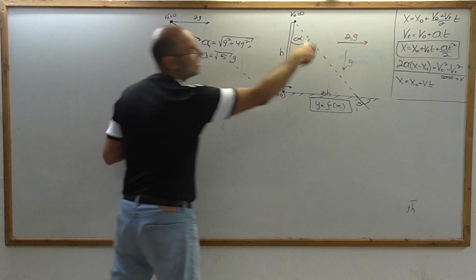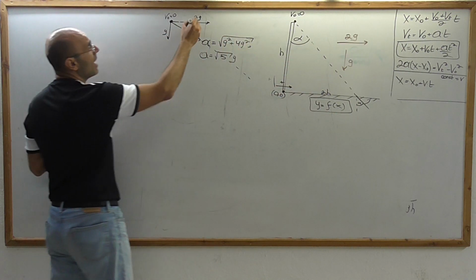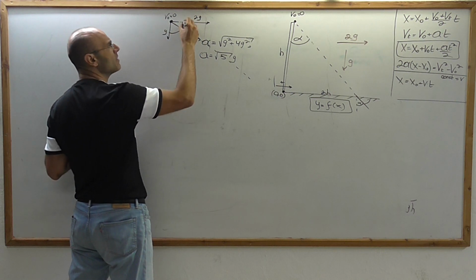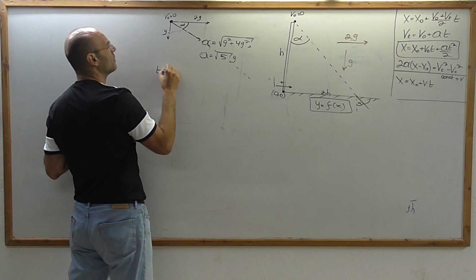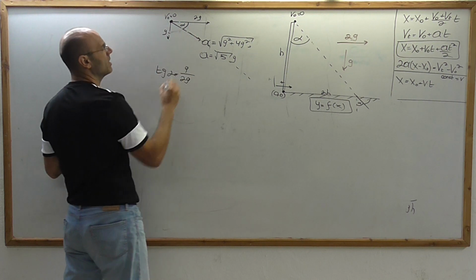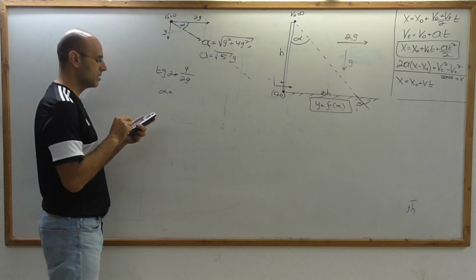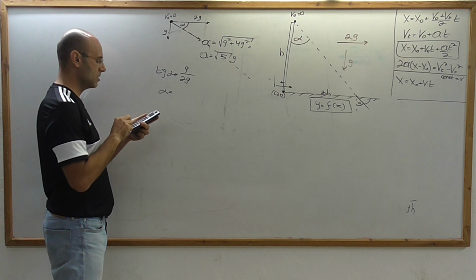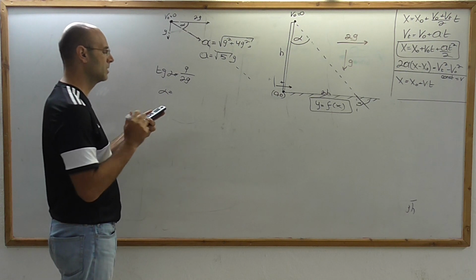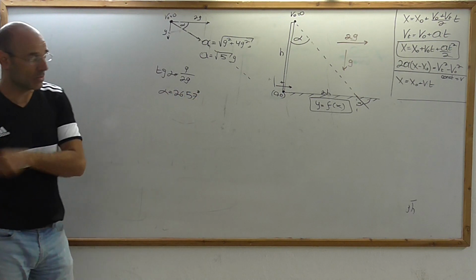Now I don't need these kinds of methods to deal with this problem. I can easily find this angle or this angle, it doesn't matter, let's find this angle. So tangent alpha is g over 2g, always y over x. So alpha is shift tangent of half, come on, 26.57 degrees, exactly the same we got before.